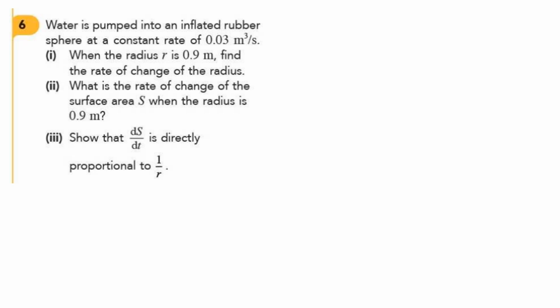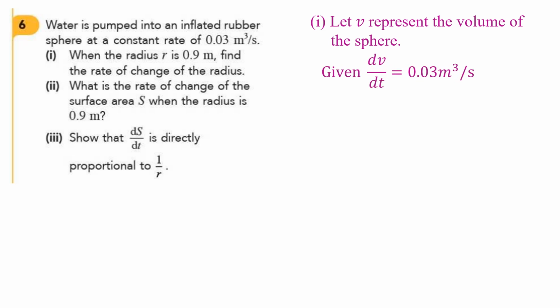Agree with me? Right. So let's write down the formula to find volume of a sphere, which is 4/3 pi r cubed. So let V represent the volume of the sphere. So we need to first of all represent this one into a mathematical symbol.